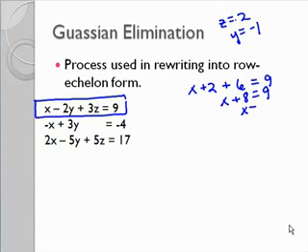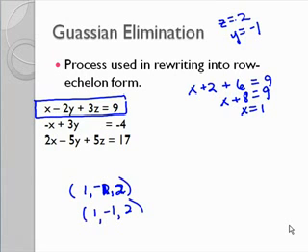So therefore, x is 1. So here is our ordered triplet. Whoops, y first, negative 1, and then the z of 2. Okay, that's ugly. 1, negative 1, 2.